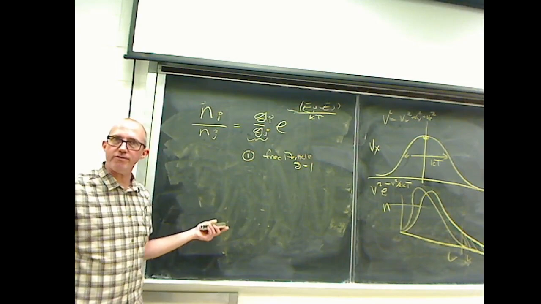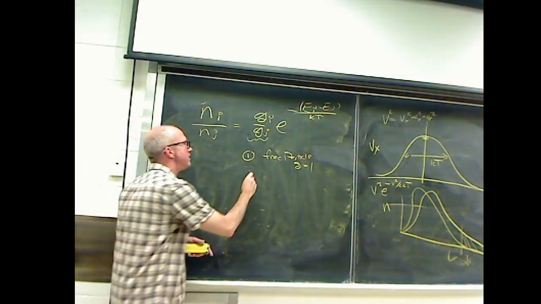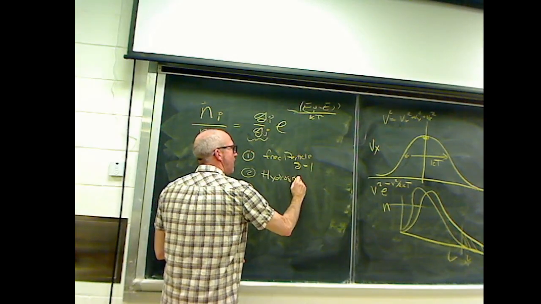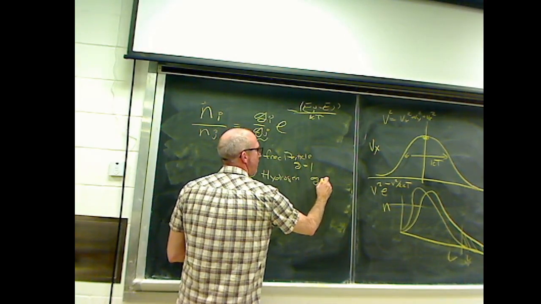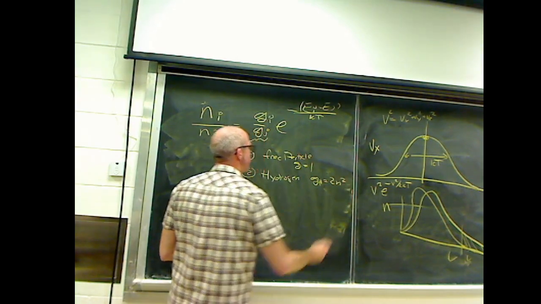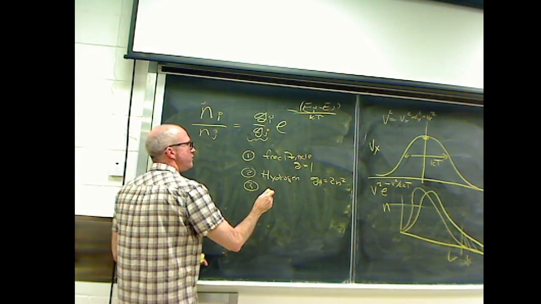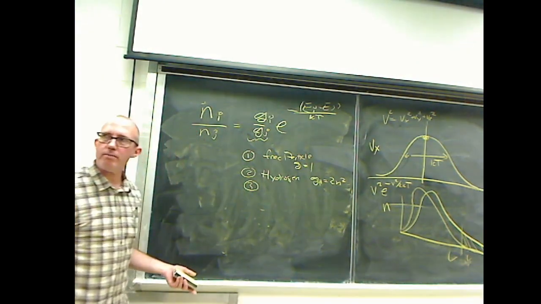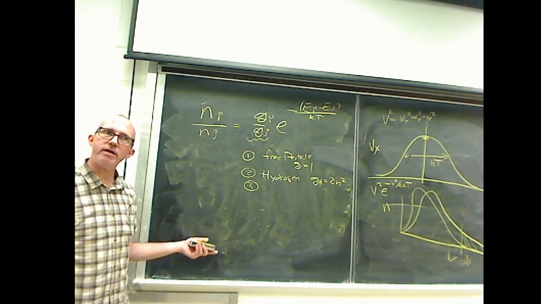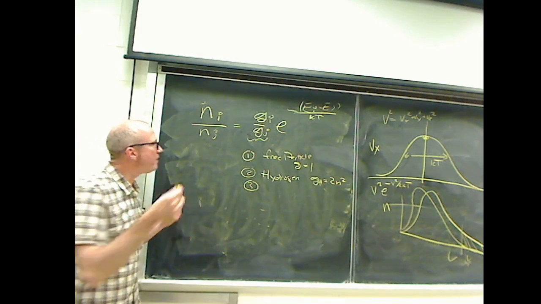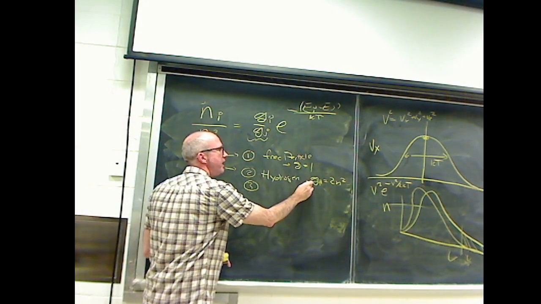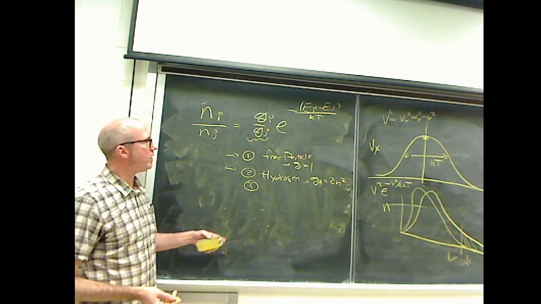There's only one way to be a free thing off in space. Hydrogen, g_n equals 2n squared. For more complicated things, you've got to do more complicated math, which I'm not set to do. You can learn that in quantum mechanics and stat mech. But these are the two g's that you should remember for now: a free particle has 1 and a hydrogen atom has 2n squared.